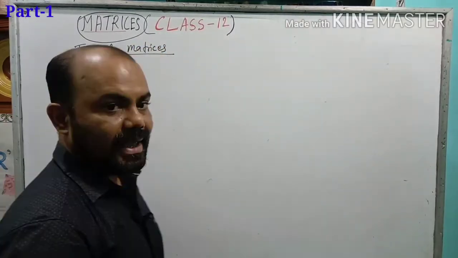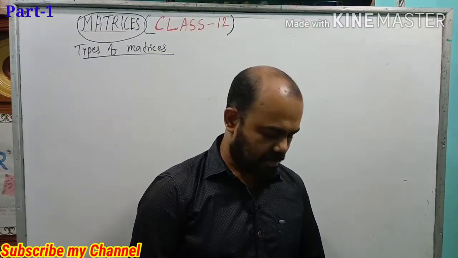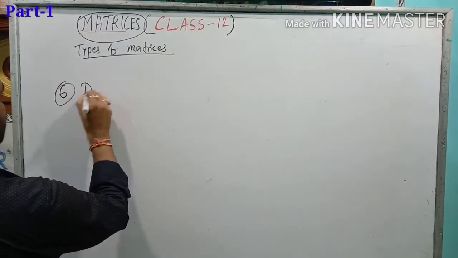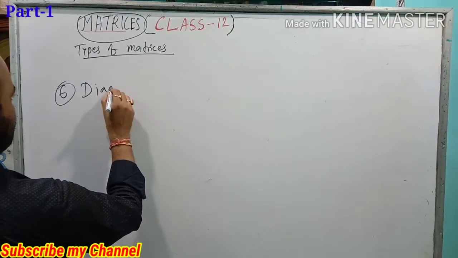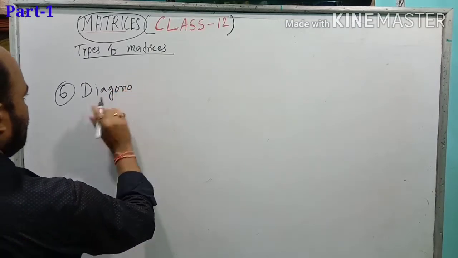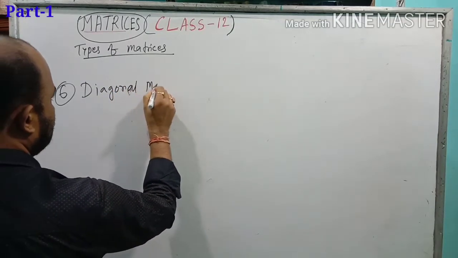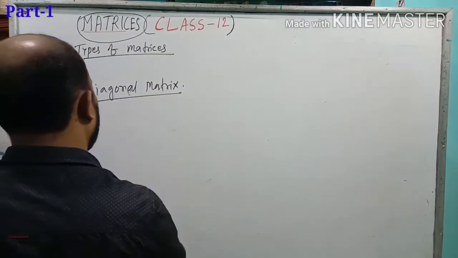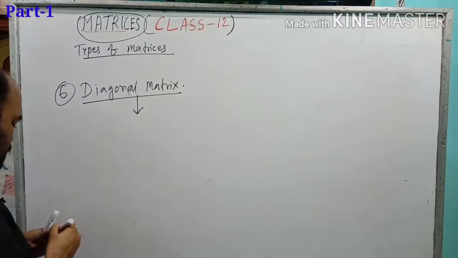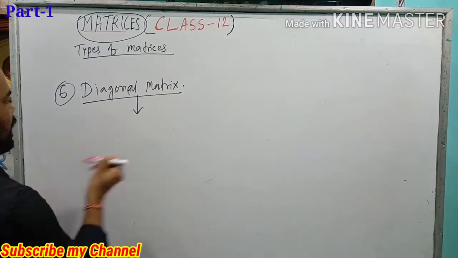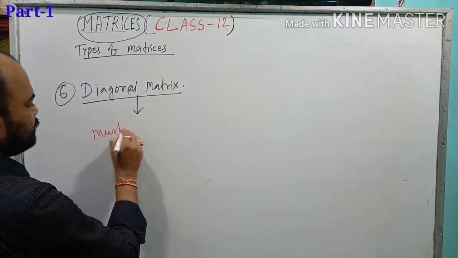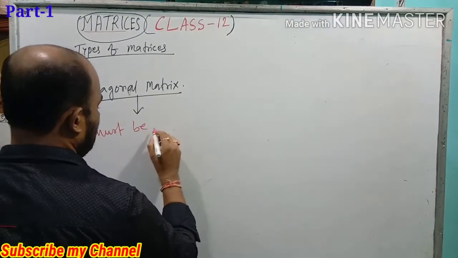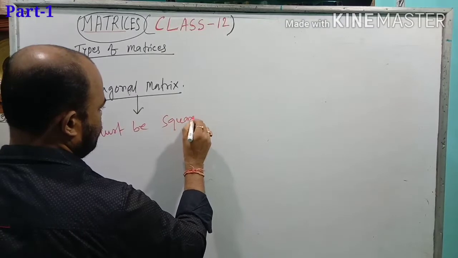The next thing: now let us discuss the next type of matrix, the diagonal matrix. Number 6 is a diagonal matrix. Here you remember one thing: a diagonal matrix is defined only for a square matrix.